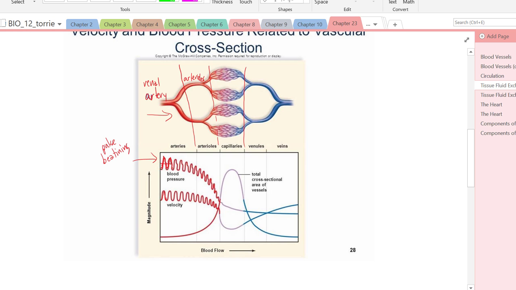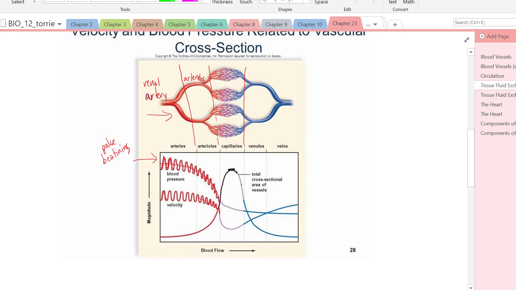And that's fairly constant, but as it starts to move into the smaller and smaller blood vessels, the increased surface area of the arterioles over the arteries collectively leads to a drop in that blood pressure, which leads to a corresponding drop in blood velocity, to the point where eventually we get into the capillaries, the blood pressure drops off significantly and the blood velocity drops off, because as we can see, what's happened is the total cross-sectional area has increased significantly.